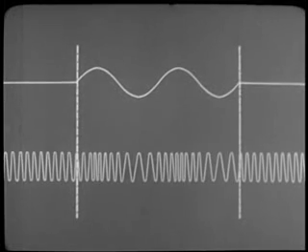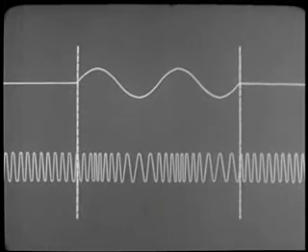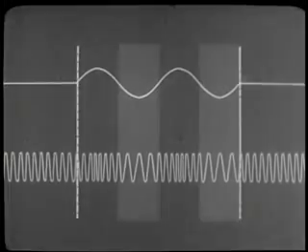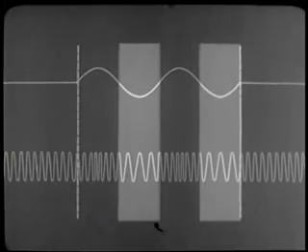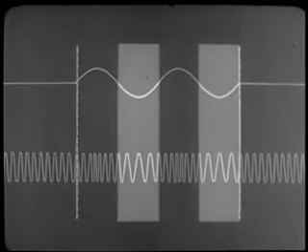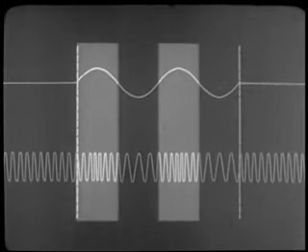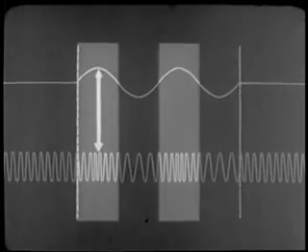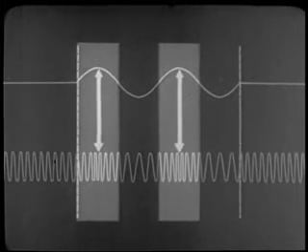Now let's see what this has done to the carrier. As before, the carrier responded to the amplitude of the negative half cycles by dropping below rest frequency. And the carrier responded to the amplitude of the positive half cycles by rising above rest frequency. Thus, the carrier has moved above rest frequency twice as often in the same interval of time.